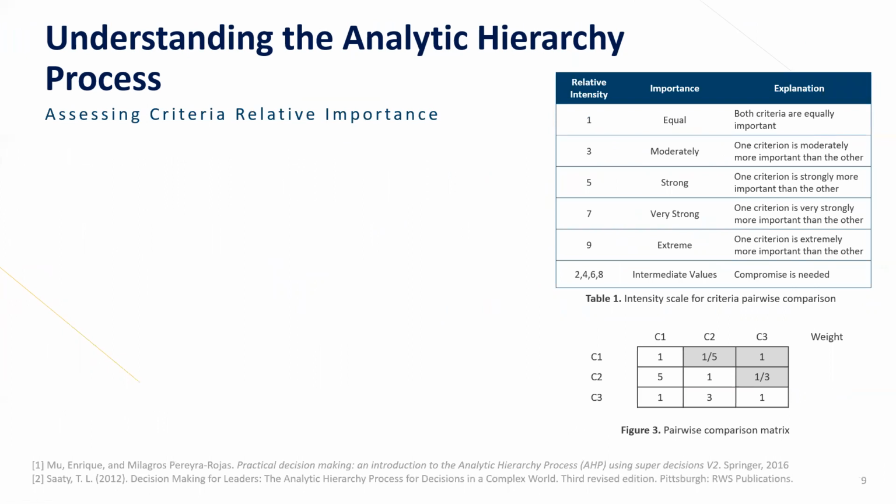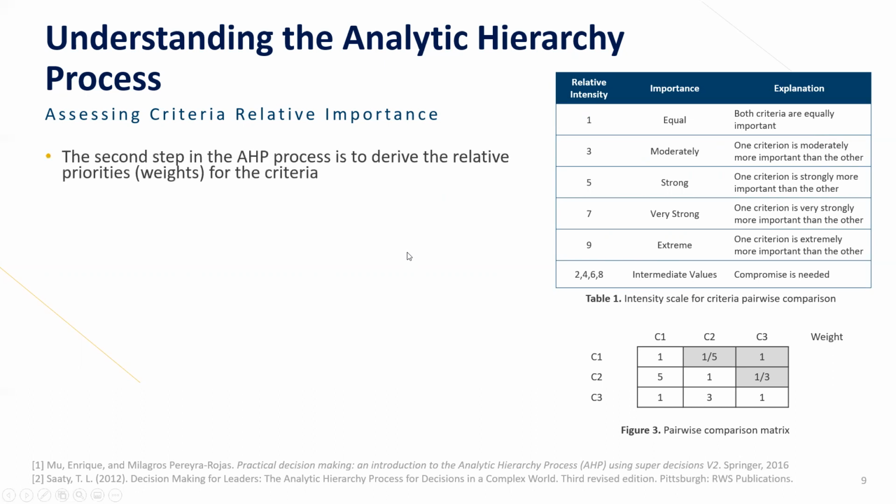Let's start from the first one. The first step is assessing criteria, the importance of one criterion relative to the others. We use the notation C for the criteria earlier, right? The criteria that we have before are, for example, the cost, the comfort, and the safety.